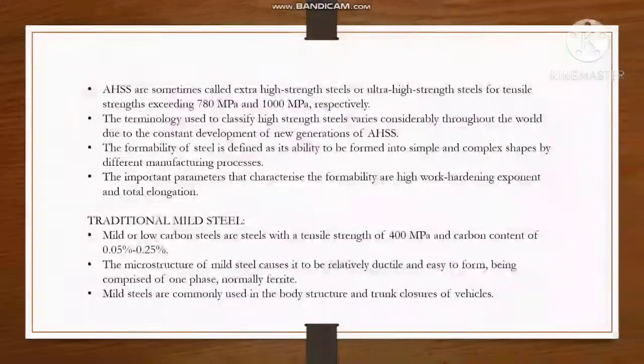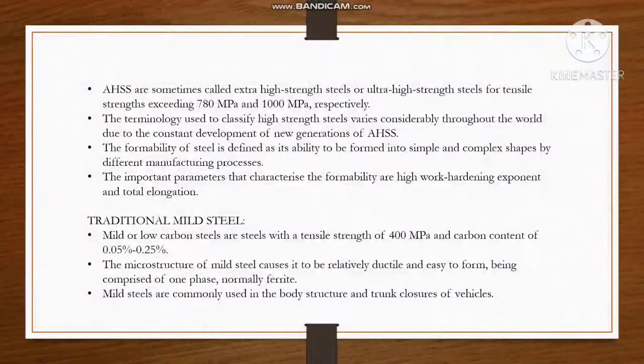The terminology designation used to classify high strength steels varies considerably throughout the world due to the constant development of new generations.